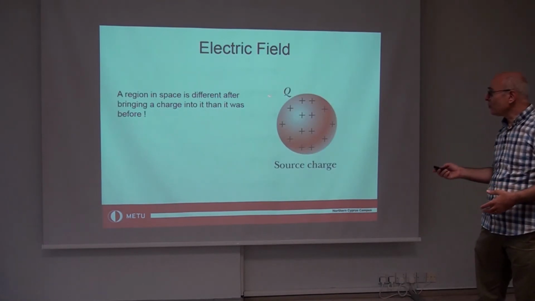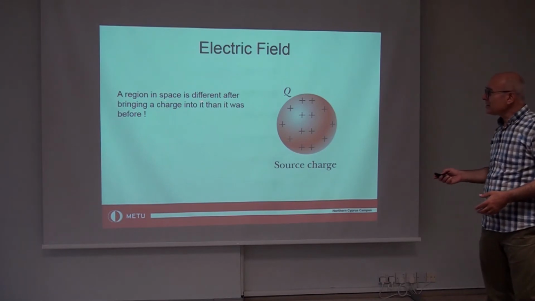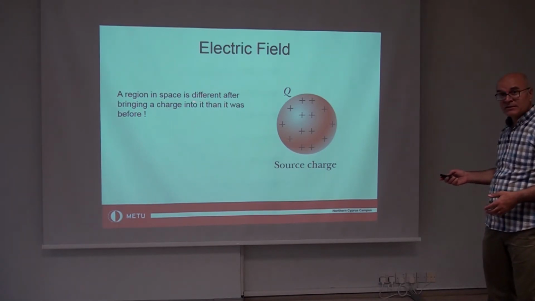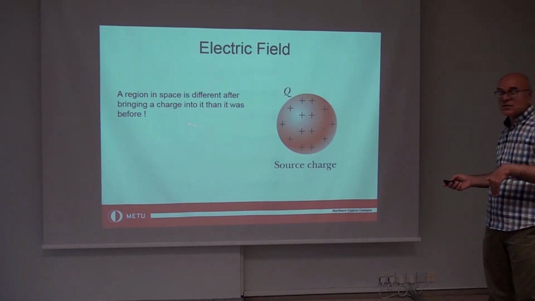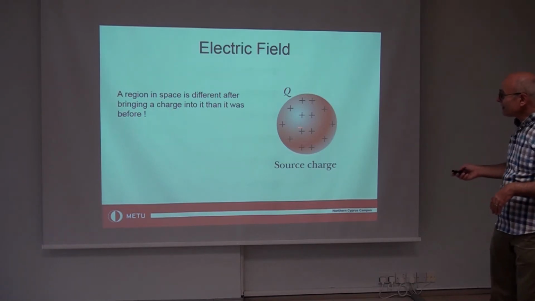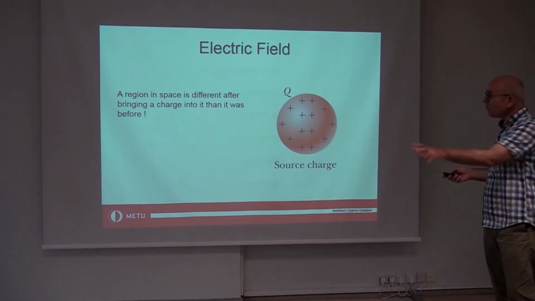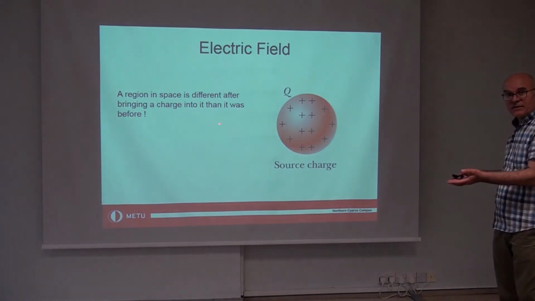If we are to show it this way, any region in space is different before and after you introduce a charge. In this region of space, for example, before you bring this charge, there is nothing there.